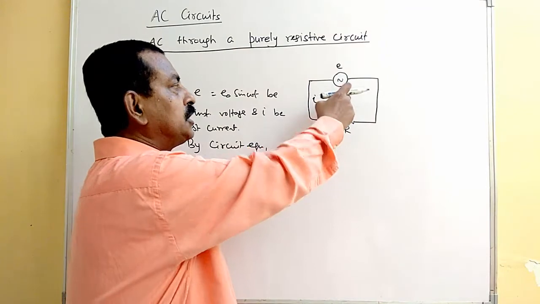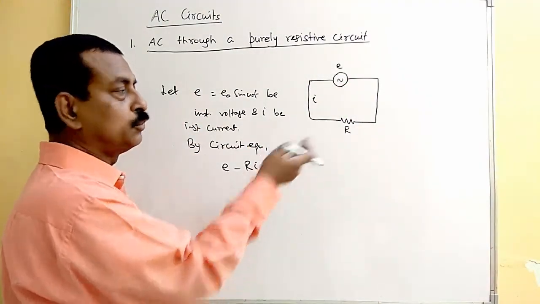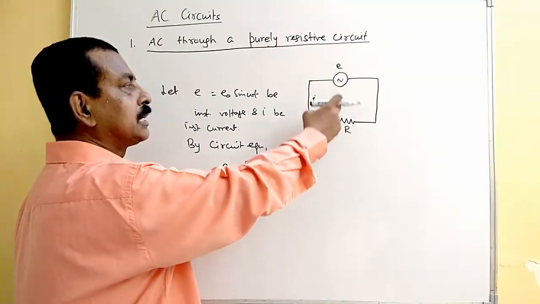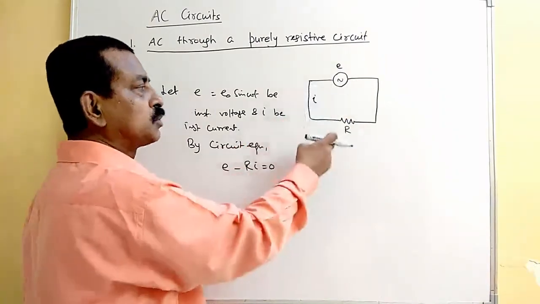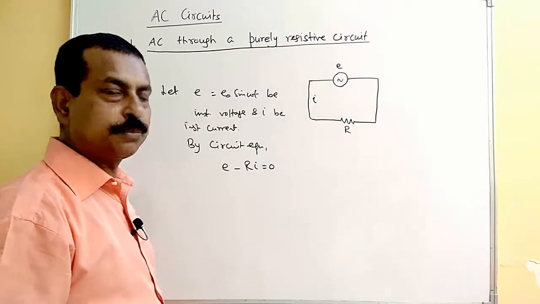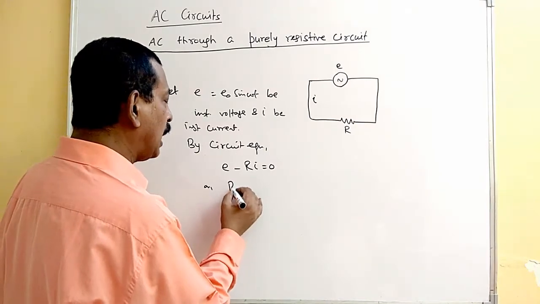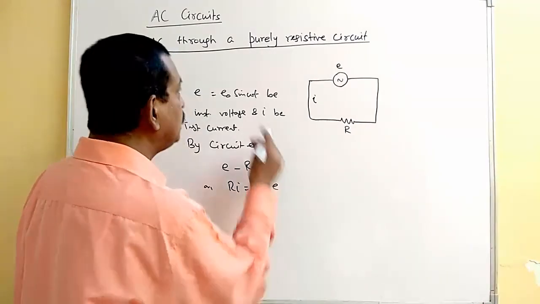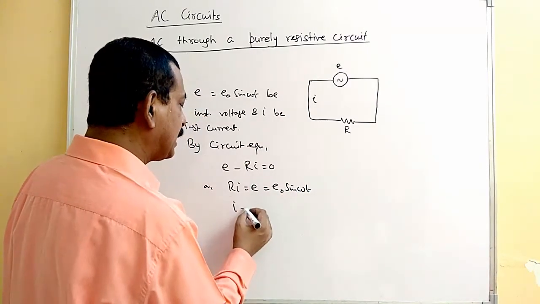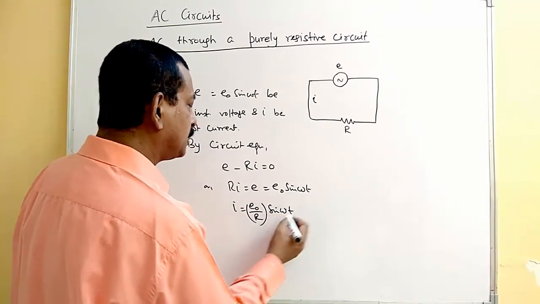E is the voltage here, and the voltage across the resistor will be Ri. If you are using Kirchhoff's rules, it will be in the opposite direction. That means if the voltage is positive here, this will be negative, so that the net voltage of the circuit is 0, as it is a closed circuit. So Ri is E, or E naught sine omega t. So I can be written as E naught by R sine omega t.